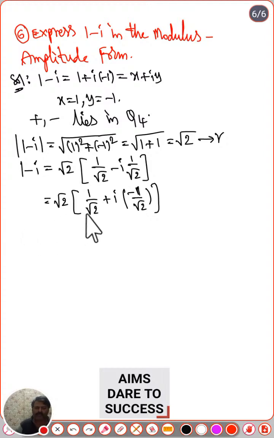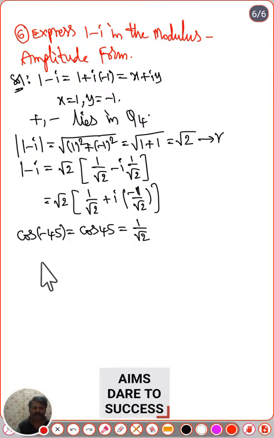Here plus or minus, both at a time are the same, so we will write cos 45 and sine 45. Okay, my dears, so here I am taking cos of minus 45 is equal to cos 45, since cos of minus theta is cos theta. Cos 45 is 1 by root 2.